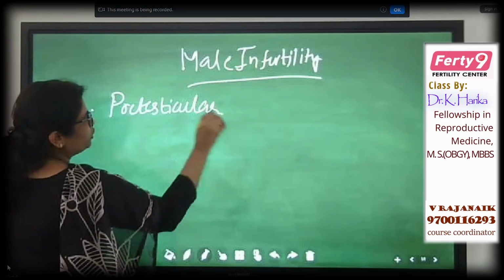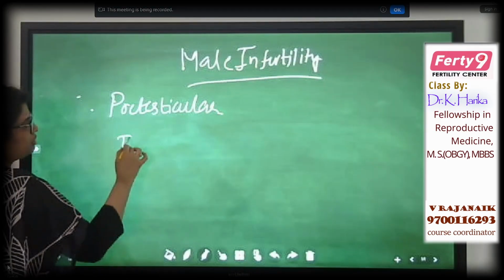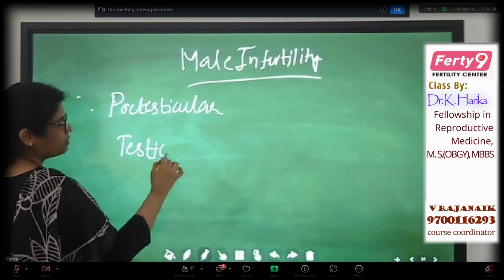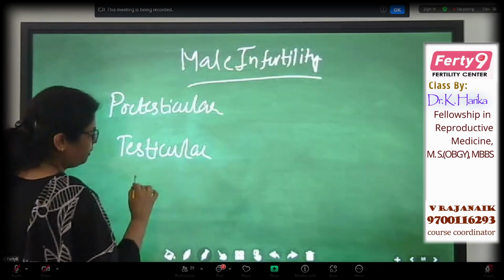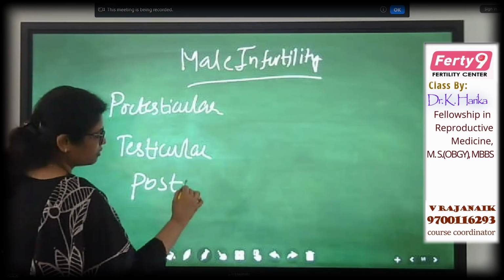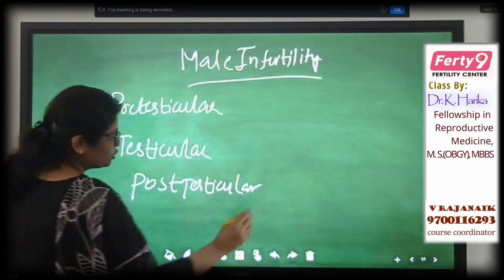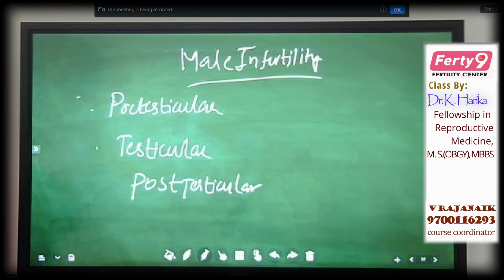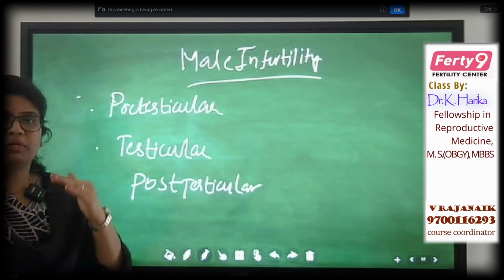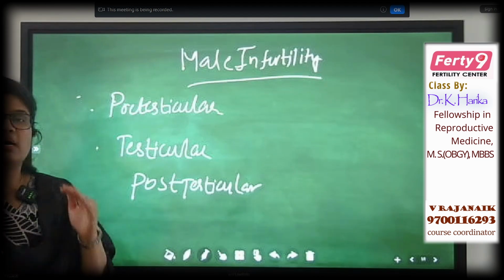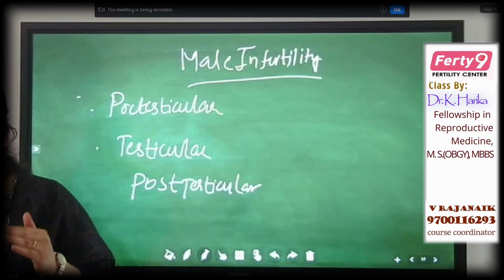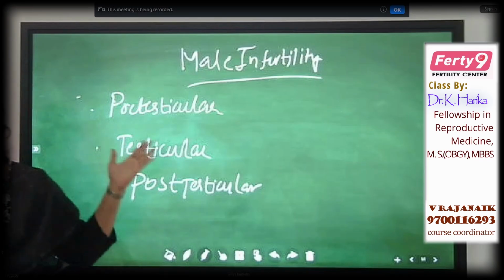The causes will be divided into pre-testicular, testicular, and post-testicular. Pre-testicular is related to the hypothalamus and pituitary. Any disorders associated with the hypothalamus and pituitary, like pituitary tumors or infections, will cause pre-testicular infertility.